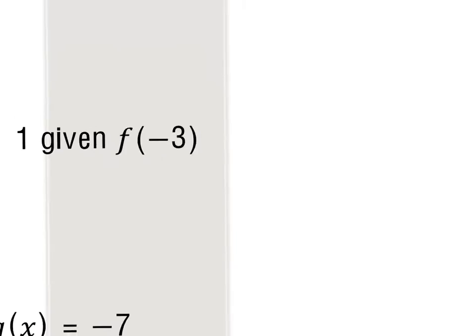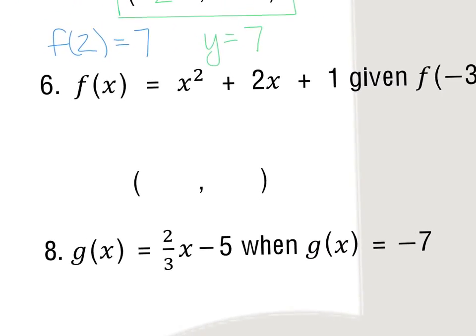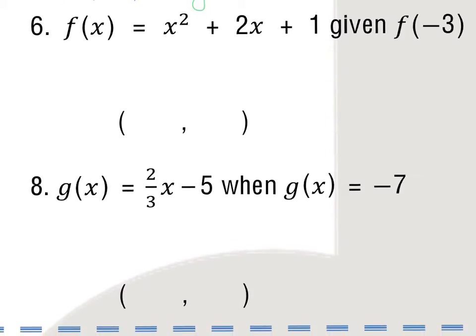Number 6. We have f of x equals x squared plus 2x plus 1 given f of negative 3. So they're telling us that x is negative 3. We're going to rewrite this as f of negative 3 equals, and always make sure when you're replacing your letters with numbers, you're putting it in parentheses.